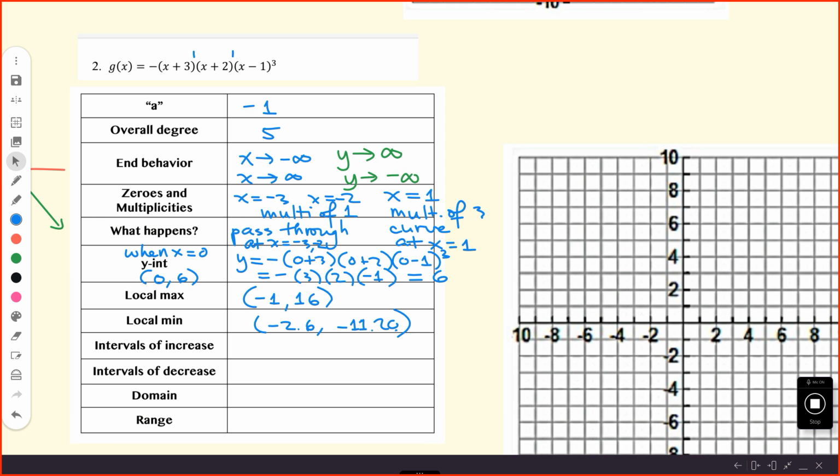In the third one. Oh, this one? Yeah. That one is just this entire factor raised to 3. Oh. Yes. So this one is just raised to 1. So you're just going to count it as 3, not 4. Okay? Yeah.